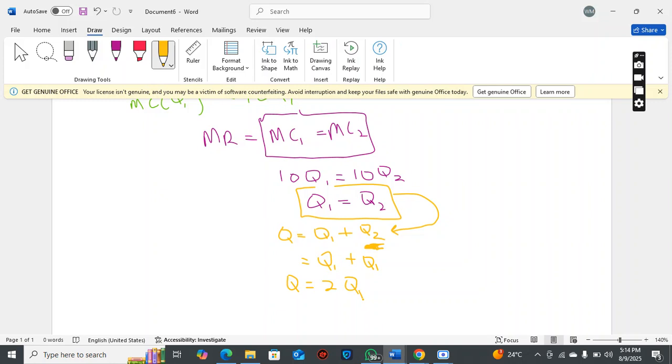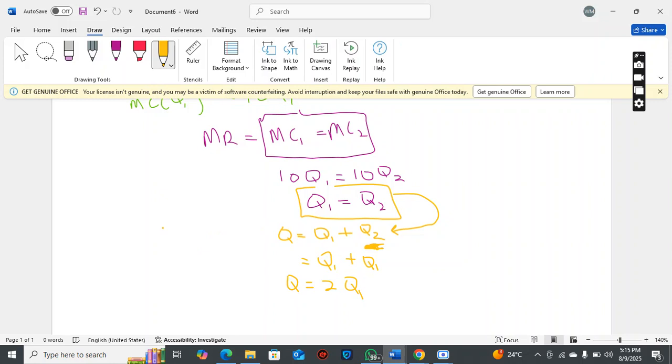Colleagues, the reason I'm doing this is so that we're able to find the value of Q. We've got two different cost functions, so we want to first find the value of one Q so that we can find the value of the other Q. In this case, since the cost functions are identical, the marginal costs will also be identical.